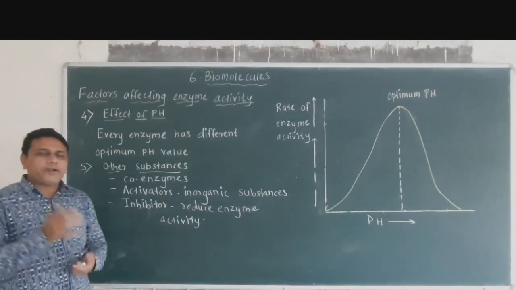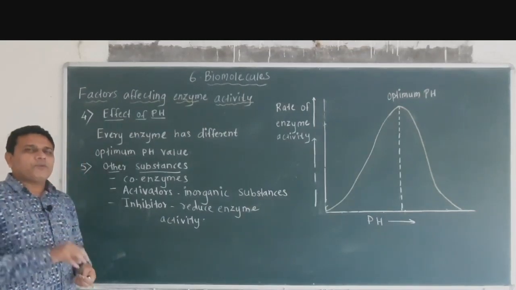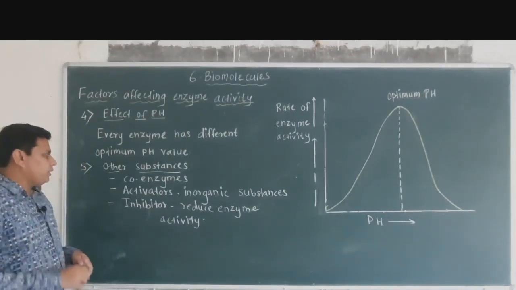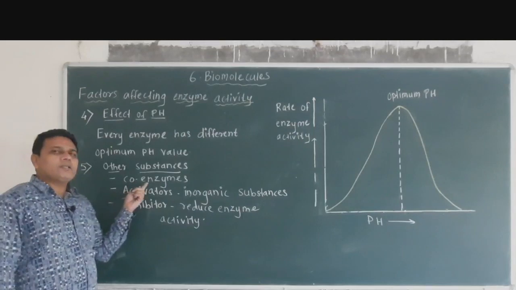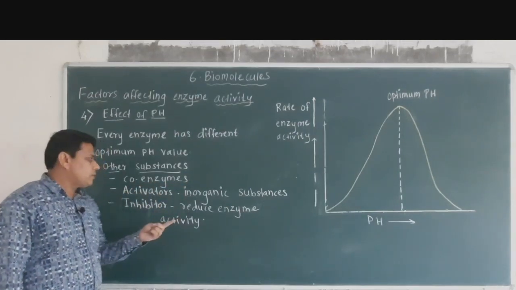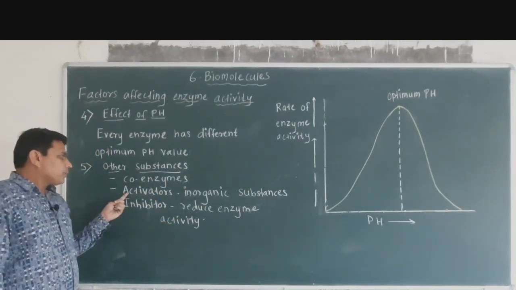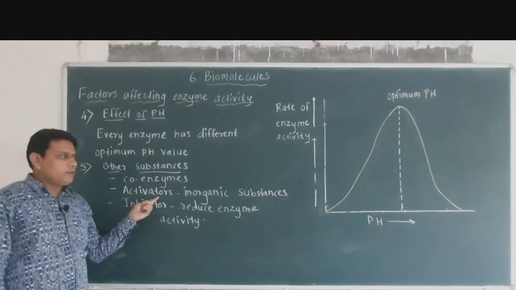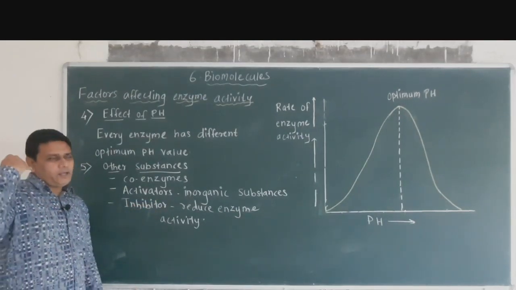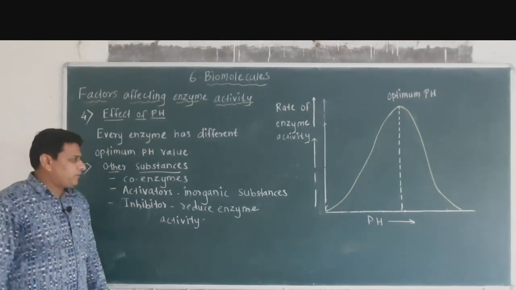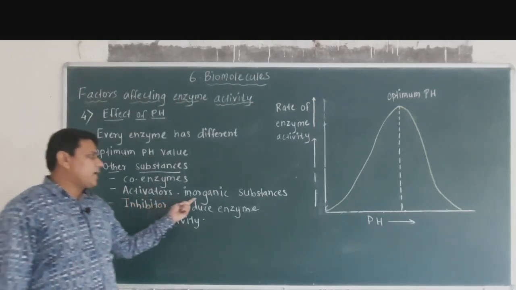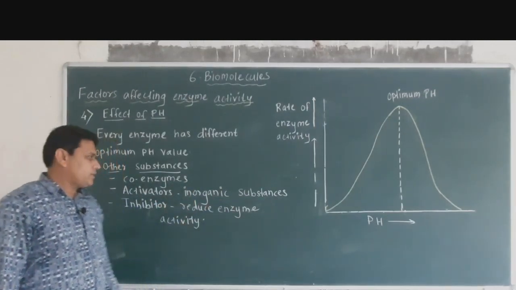Then there are other factors which also affect the enzyme activity. Now these factors are certain types of coenzymes. Then some are activators. That means they increase the enzyme activity, and these activators are inorganic substances.